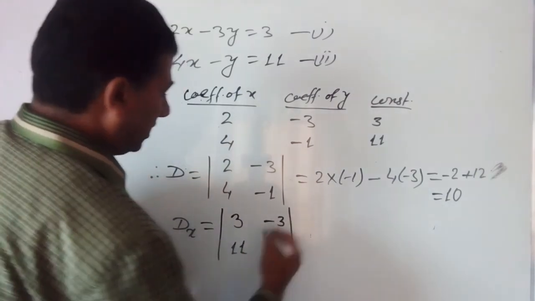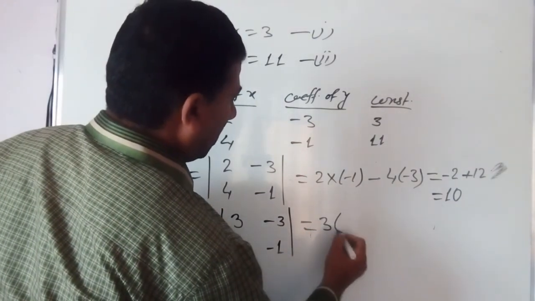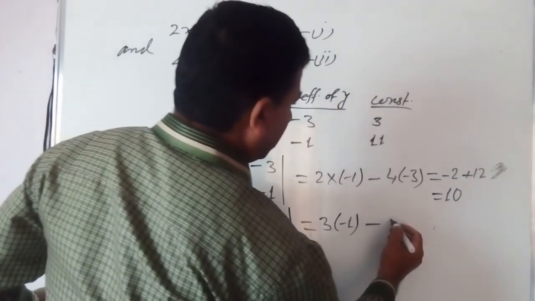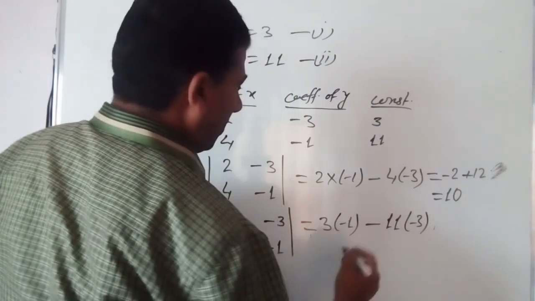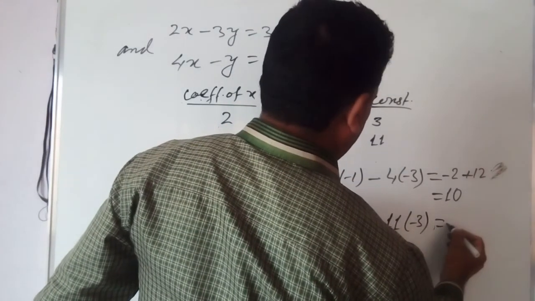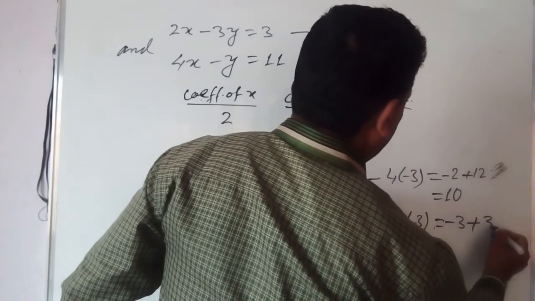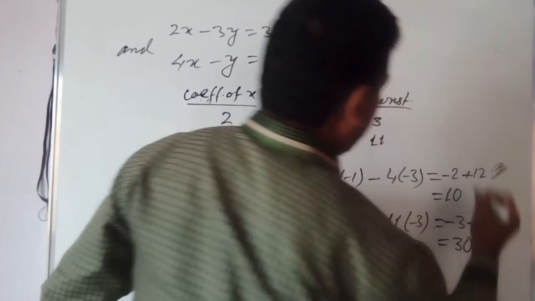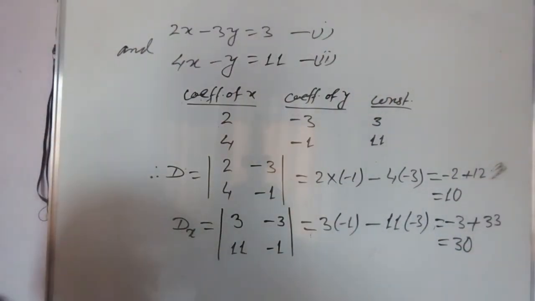Again simplify this and find the value of the determinant. 3 times minus 1 minus 11 times minus 3. It will be minus 3 plus 33, and this gives the value of the determinant, that is 30. We found the value of dx, 30.